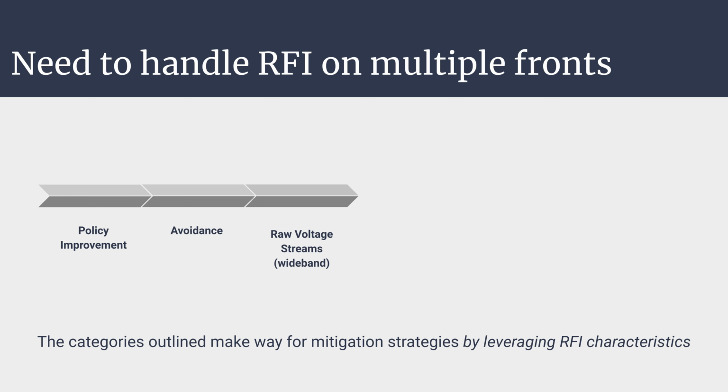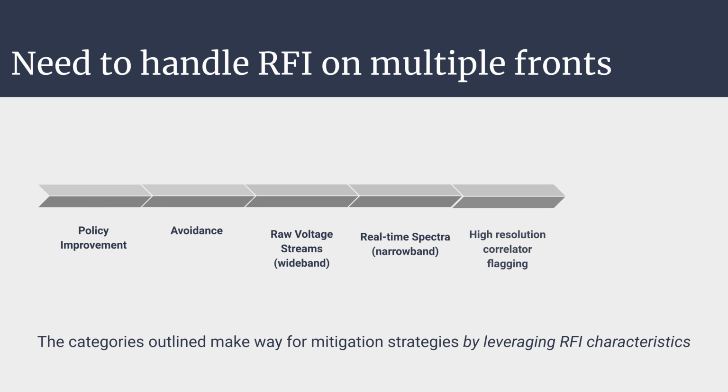One of them would be looking at raw voltage streams to detect wideband RFI per antenna. The next would be looking at real-time spectrum to detect narrowband RFI. Another one is looking at correlated baselines in high time and frequency resolution to see if there's recoverable data. And then looking at average data in post-processing for weak RFI.